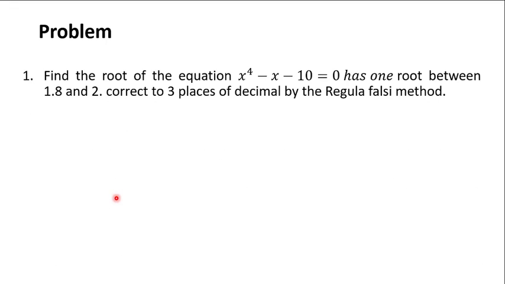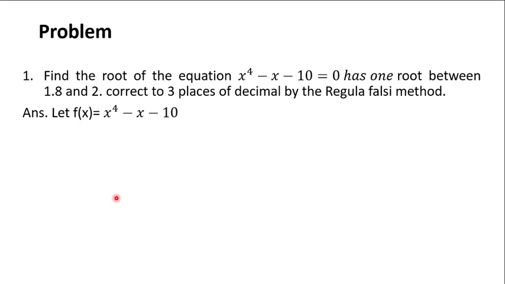Let us understand the procedure through an example. Find the root of the equation x^4 - x - 10 = 0, which has one root between 1.8 and 2, correct to 3 places of decimal by the Regula Falsi method.